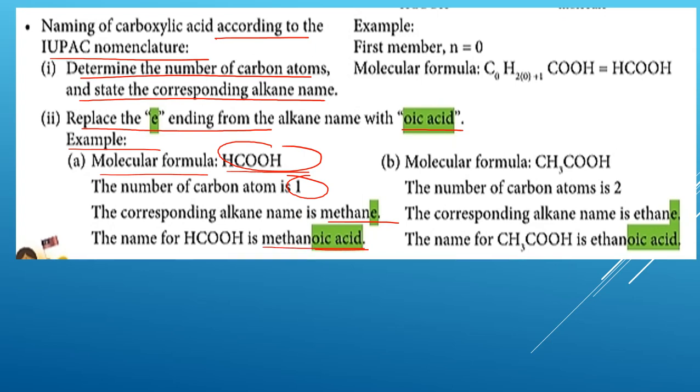Methanoic acid. Okay. Second is molecular formula CH3COOH. How many carbons are here? There are 2. Okay. So for 2 carbons, the alkane name is ethane. But in carboxylic acid, we replace the e at the end with oic acid. So the name is ethanoic acid. Okay, ethanoic acid. So here the first member is n equal to 0.